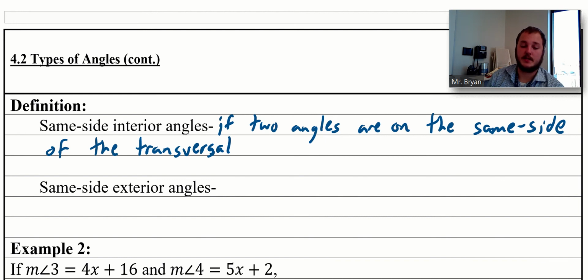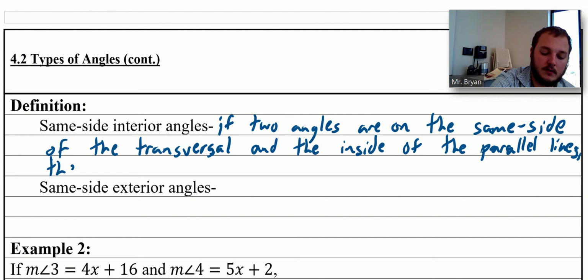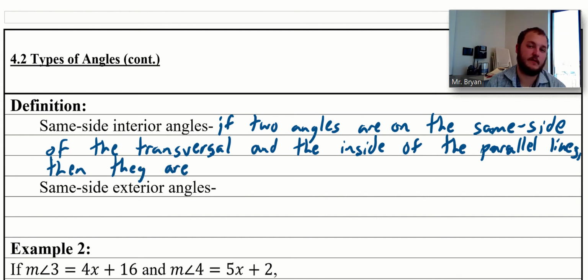If two angles are on the same side of the transversal and, in this case it's interior, so we're going to say and the inside of the parallel lines, okay, then they are, and this is going to be different from what we've seen before.